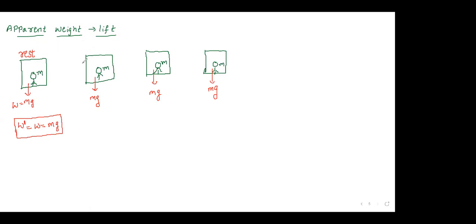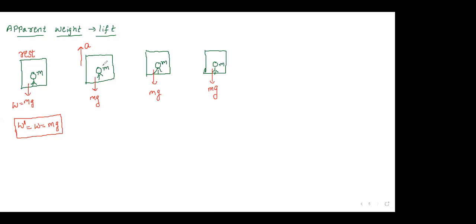Second case, I'm taking the lift upward with some acceleration, let us say A. Students, if the lift is acted upon upward with some acceleration A, will the person move upward along with the lift?